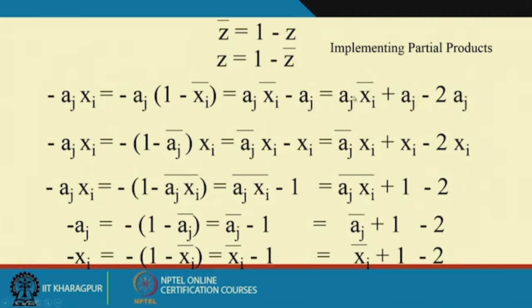If I take aj common to everyone, how will it be? xi bar plus 1 minus 2. So that means I can represent this number the same as whatever equation I have represented there. In this manner I can represent it.